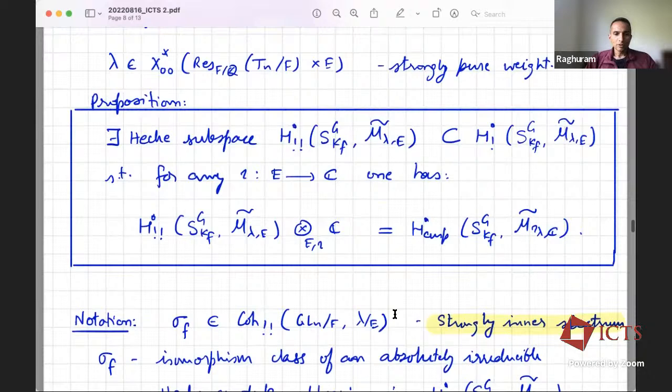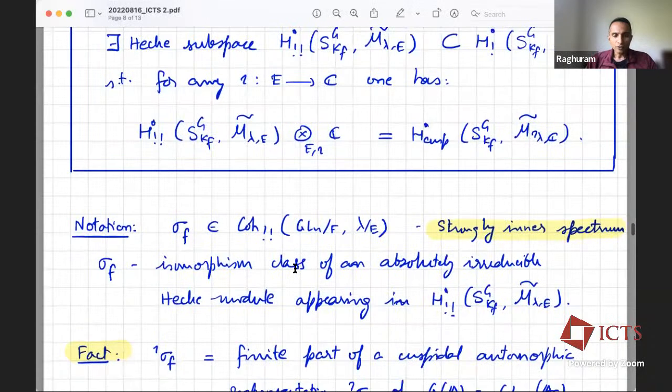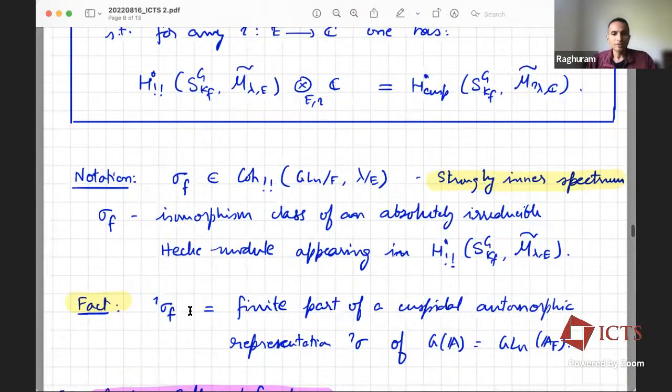Remember, there's a Hecke action on everything inside. I'm going to call an isomorphism class of an absolutely irreducible Hecke module appearing in strongly inner cohomology such isomorphism classes the strongly inner spectrum of GLN over F with coefficients in lambda over E. And since this strongly inner cohomology base changes to cuspidal cohomology, if I take the base change of sigma F to complex numbers, this in fact is the finite part of a cuspidal automorphic representation.